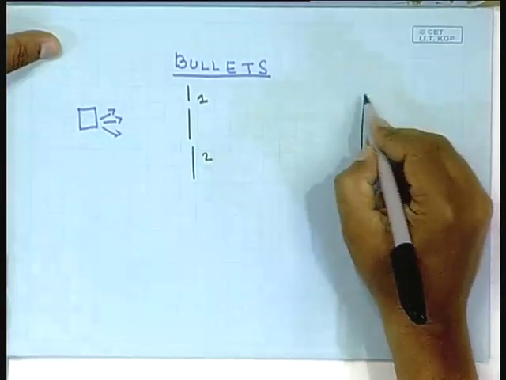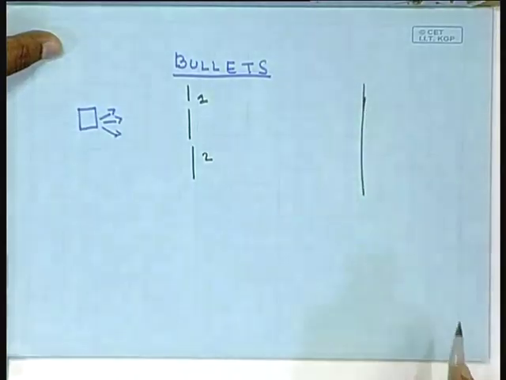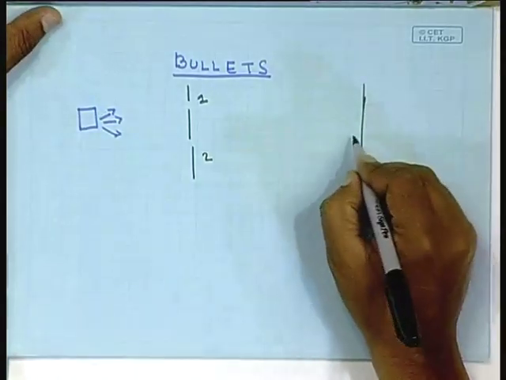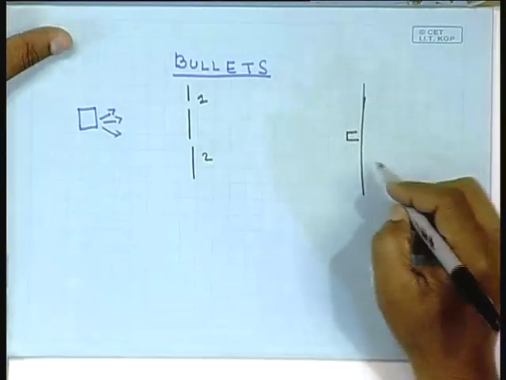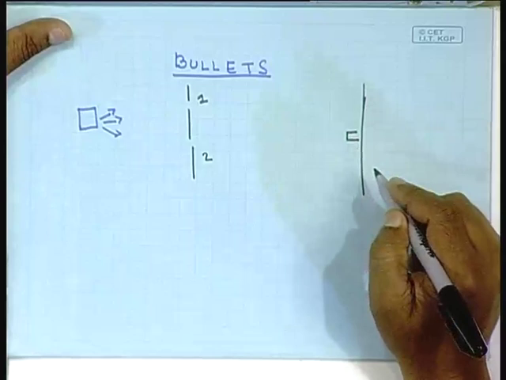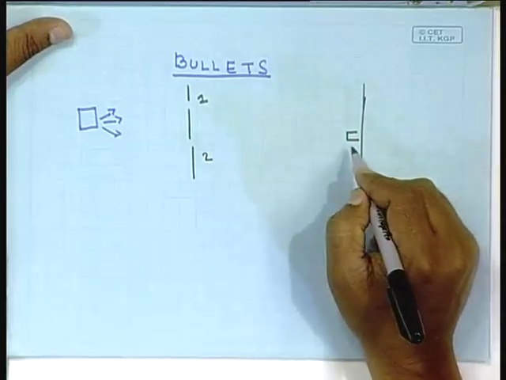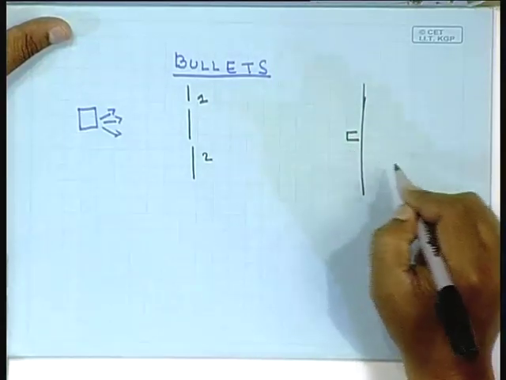incident on another screen over here. So, we have a screen here, and on this screen you have some kind of a detector which can be moved up and down, which measures the bullets, which gives you a count whenever a bullet arrives here.